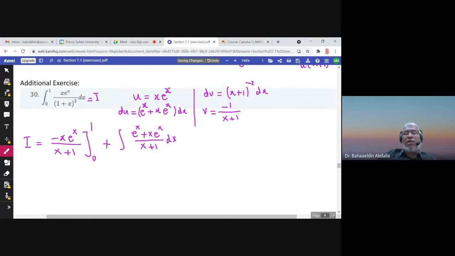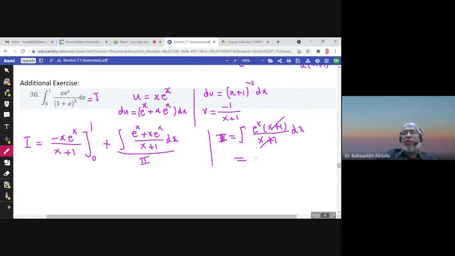And notice that this integral, which I'm going to call double I, is in fact very simple because you can take e^x as a common factor from the numerator. And then you cancel x plus 1 with x plus 1.